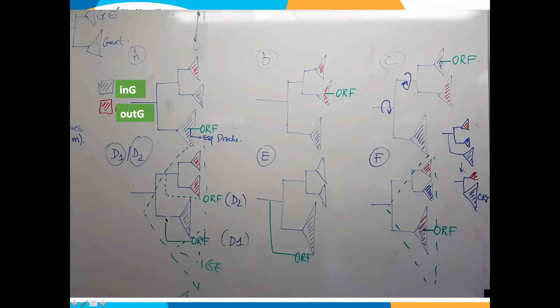You see where your open reading frame is? This is the case of D1. Good or bad tree? You put D1 and then you tell me good or bad tree.